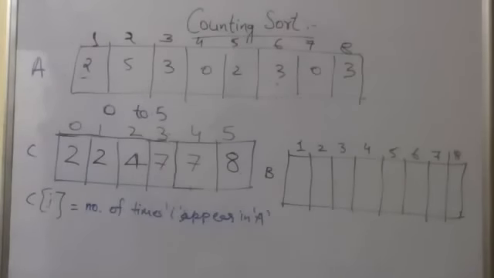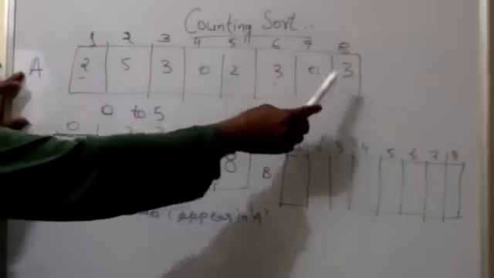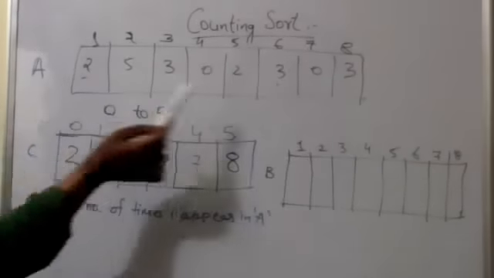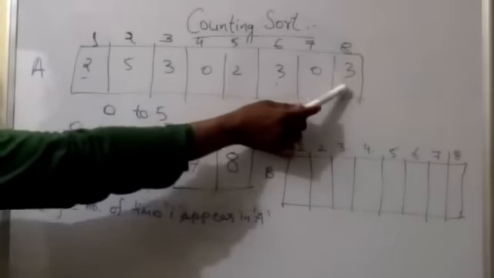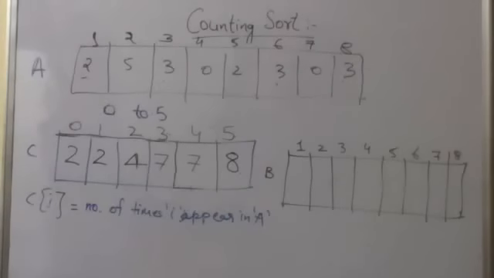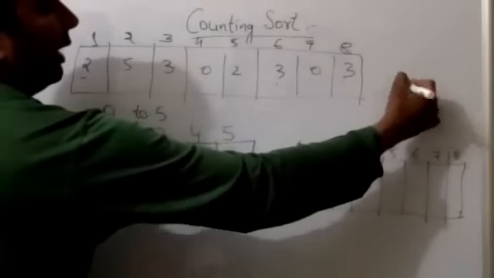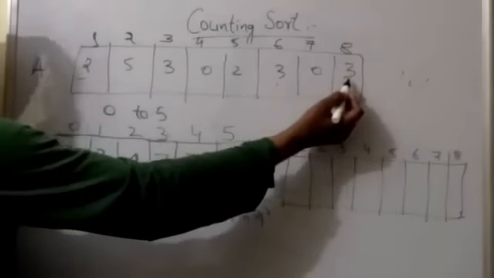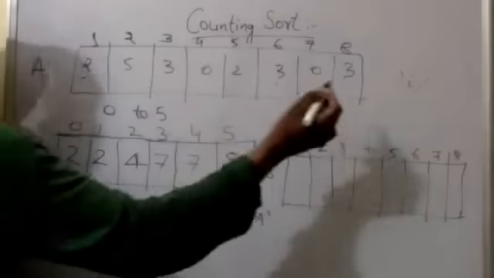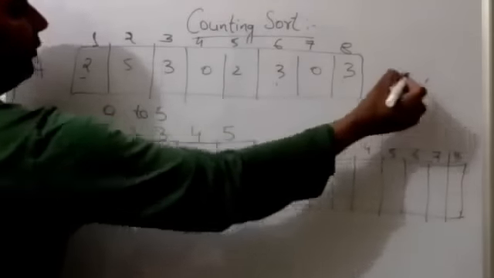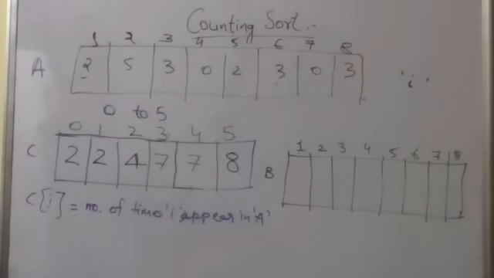Now what do we have to do? Now we will start from the last element of array A and move to its first element. Right? Now when an element I is encountered in array A as we move from last to first, what will we do?